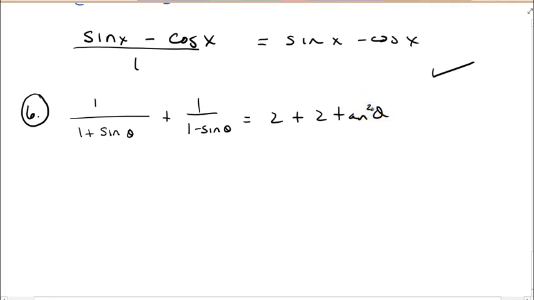Okay, the identity is 1 over 1 plus sine alpha plus 1 over 1 minus sine alpha equals 2 plus 2 tan squared alpha.